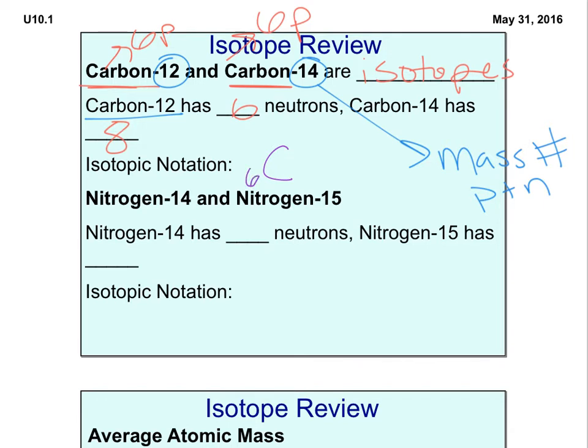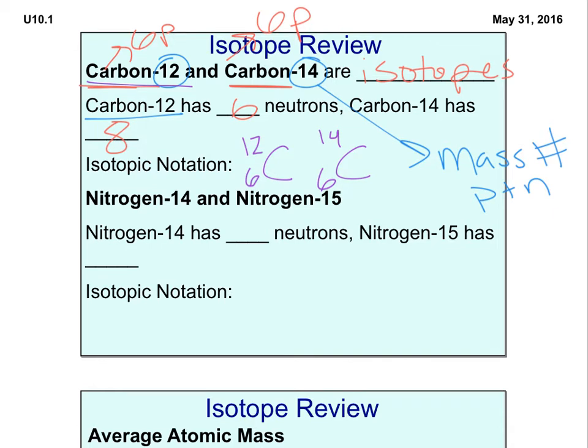And then in the top left corner, you put the mass number. So for carbon 12, I would put a 12. So for carbon 14, what that would look like would be the C again, because it's carbon. 6 protons again, because it's carbon, and then I would write the 14 up here. So this and this is telling you the same piece of information, just written out in a different way, and same thing with this and this.